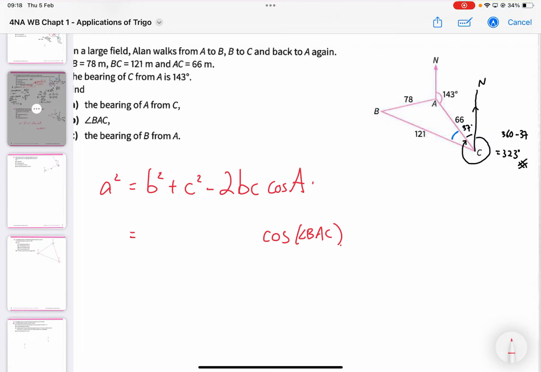So when I fill it in, I will fill this as 121. Then in cosine rule, only this a and the big A are important. The other two sides can be either one. b can be 78, c can be 66, or b can be 66, c can be 78. Doesn't matter already.